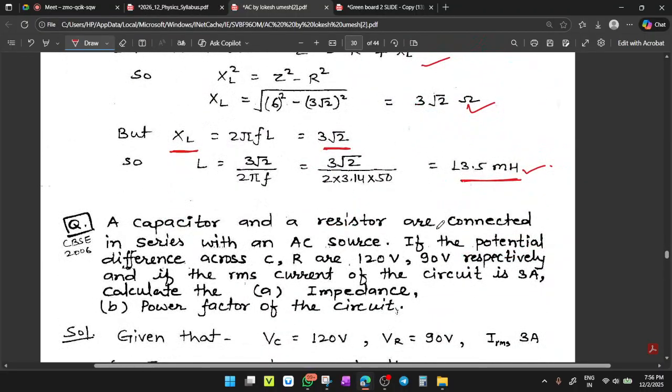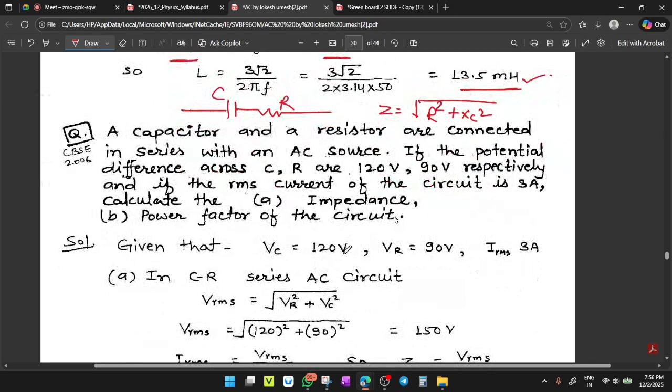Now moving on to a numerical for the RC circuit. A capacitor and a resistor are connected in series, so this is C and R, an RC circuit, and the impedance is given by Z equals under root R square plus XC square, connected with the AC source.